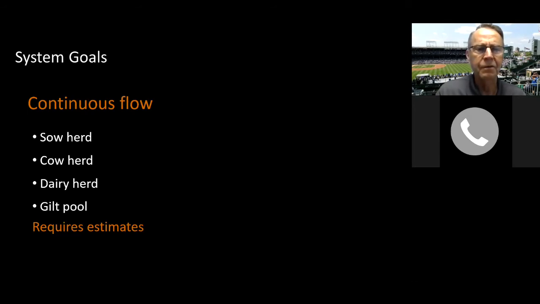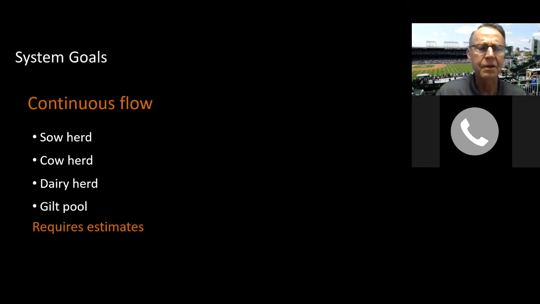So with livestock inventories, we look at 2 categories. One is continuous flow, and this is where there are no groups. Breeding inventories are good examples, and because there's no clean closeouts, it requires some estimates.